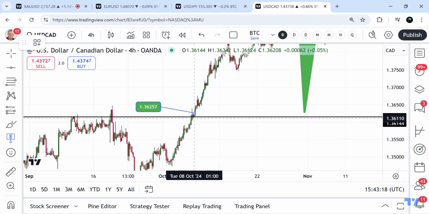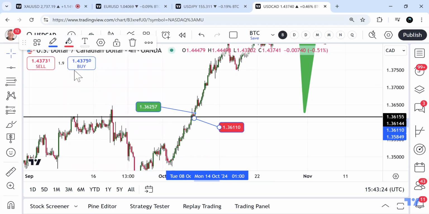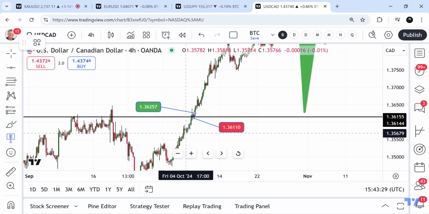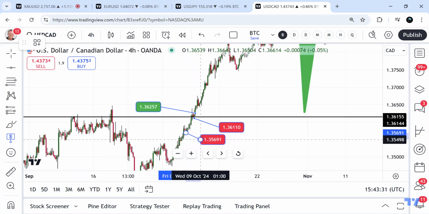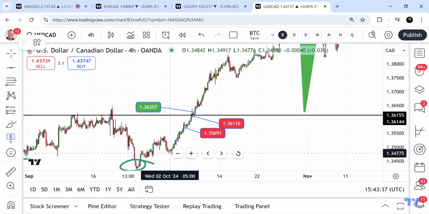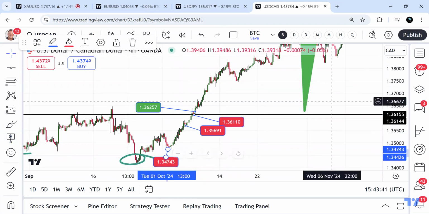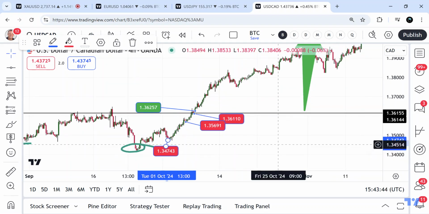You could have done a tight stop loss right here, if you're really aggressive, but you would have possibly been kicked out of the market. Or you could have done another stop loss right here. Or if you're being really, really safe, and you really want to let this run, you could have done another stop loss right here.